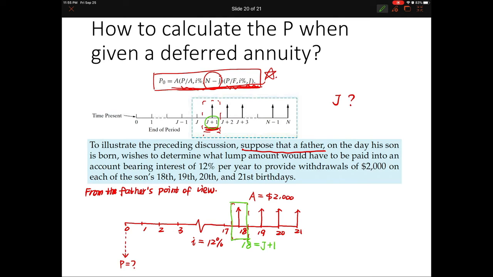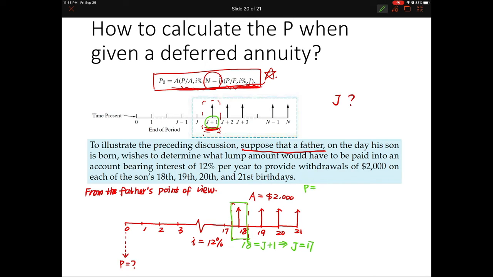Okay, so if 18 equals J plus 1, what is J? J is gonna be 17, right? So J is 17 in this problem. That's what you know. Okay, so now you can use this formula.